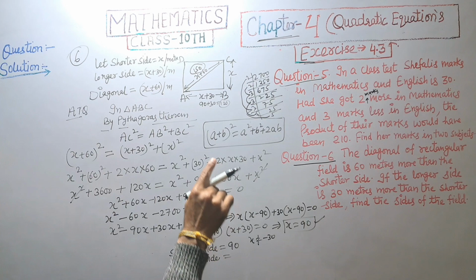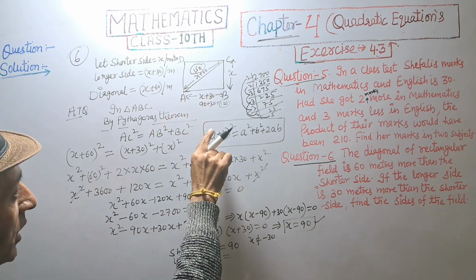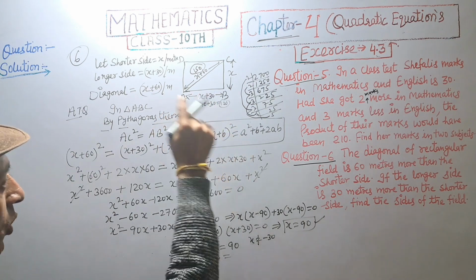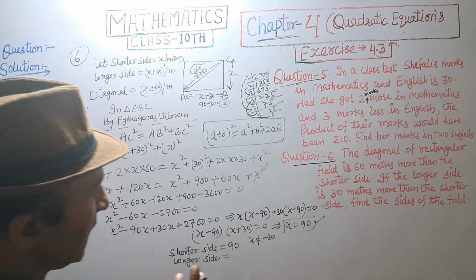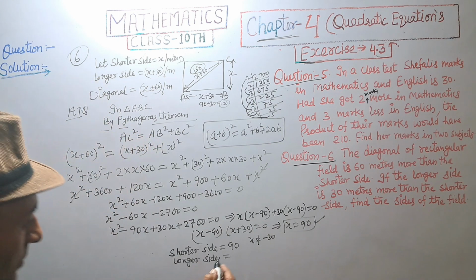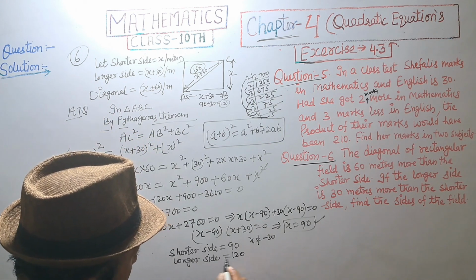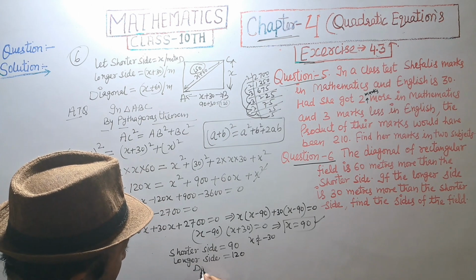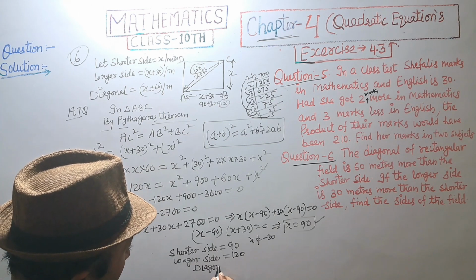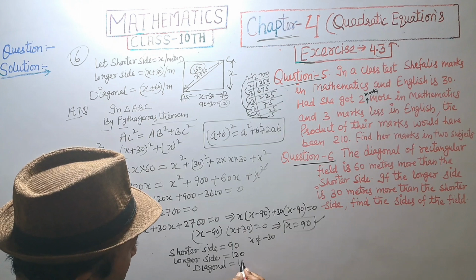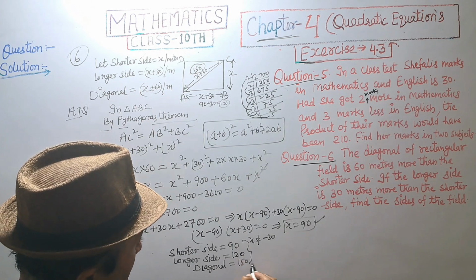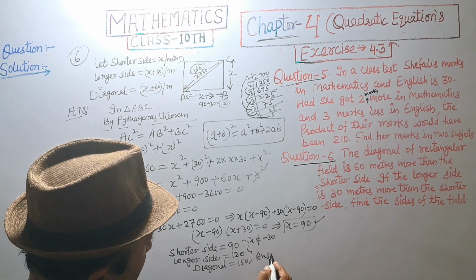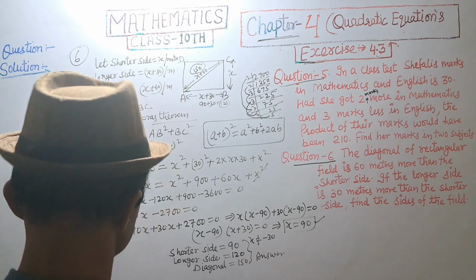Diagonal is 150, longer side is 120, and shorter side is equal to 90. Answer.